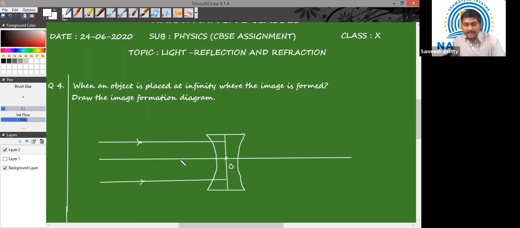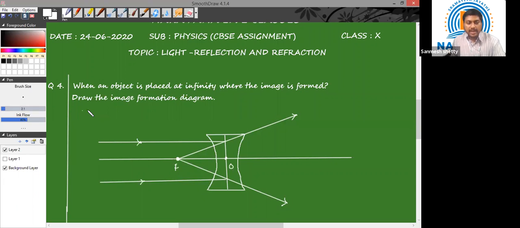But they will get diverged in such a way that they appear to come from the principal focus. So these diverging rays will appear to meet at the principal focus of my concave lens.